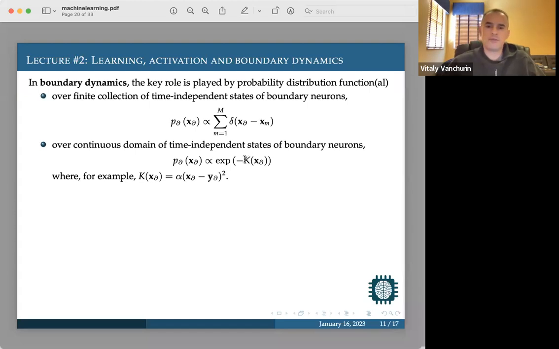Of course, you can have arbitrary functions here. You can add a quartic term, a cubic term, but at the end of the day, whatever distributions you're trying to study, whether it has one minimum or many minima, the point is for you to have it normalizable.